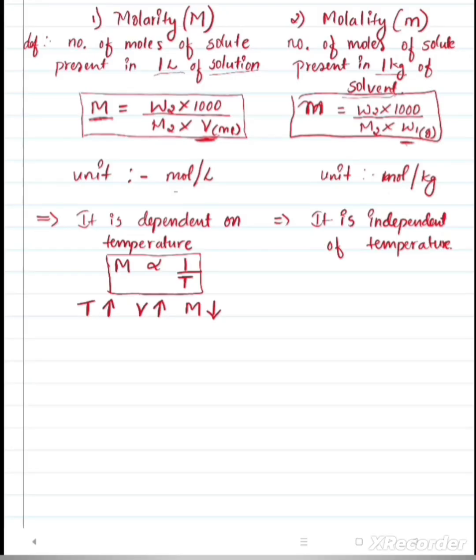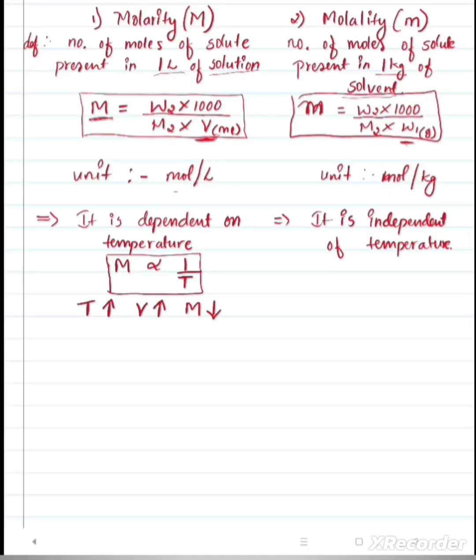Then next comes the relationship between molarity and molality. That means if we know the value of molarity, we can find the value of molality. How do we convert from molality to molarity and molarity to molality? For that, a relation formula is there.